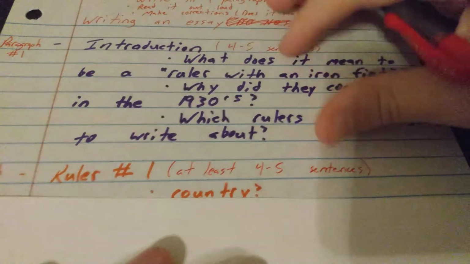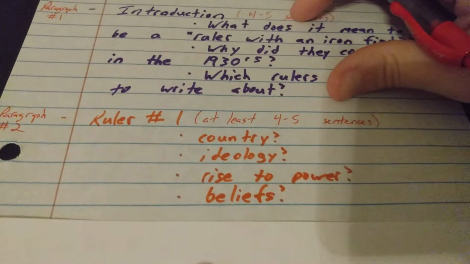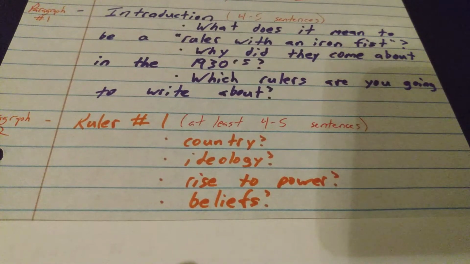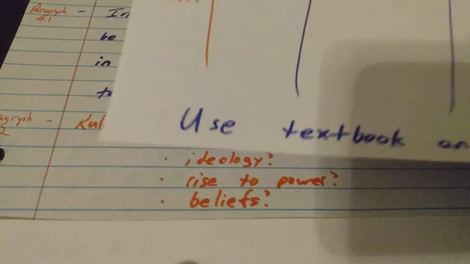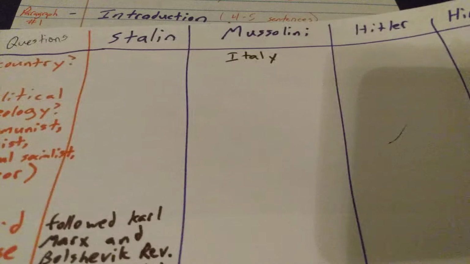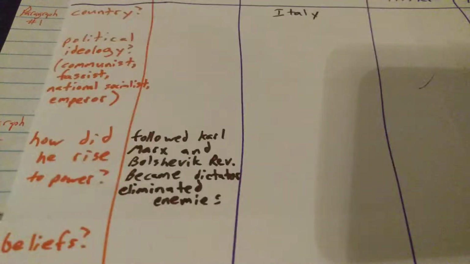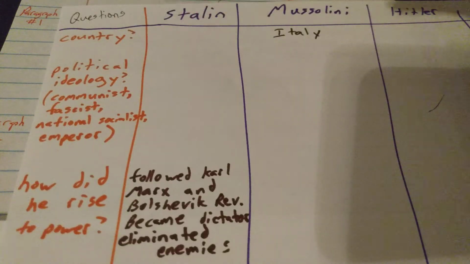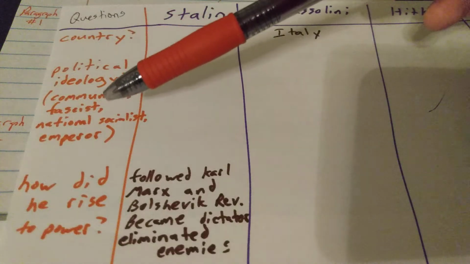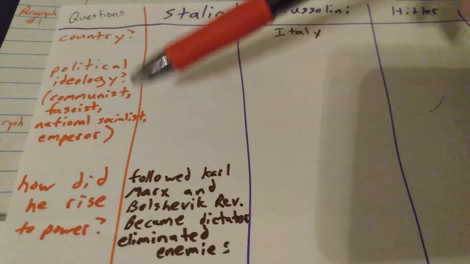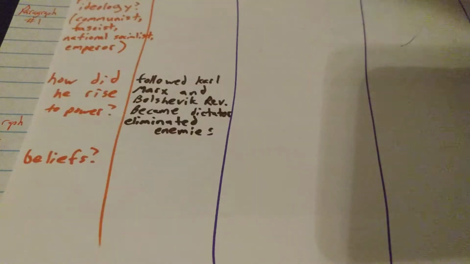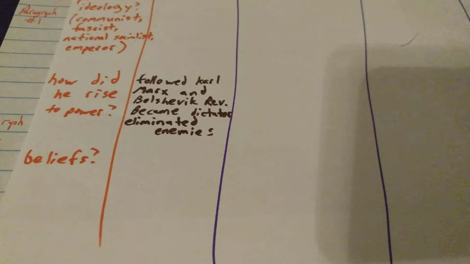Once you've got paragraph 1, you're going to move to paragraph number 2. This is what that chart was being used for, where you put, in bullet point form, the rulers Stalin, Mussolini, Hitler, and Hirohito, and you answered what country they are from, what their political ideology is, whether they were communist, fascist, national socialist, or an emperor, how they rose to power, and then finally their beliefs.